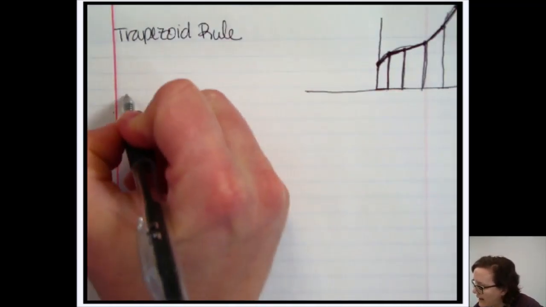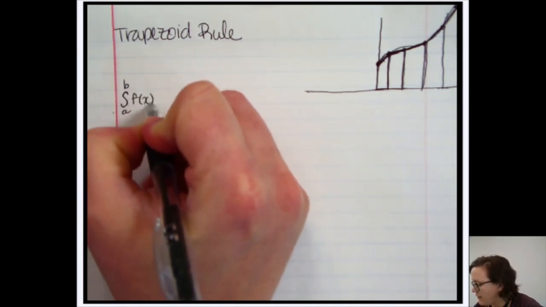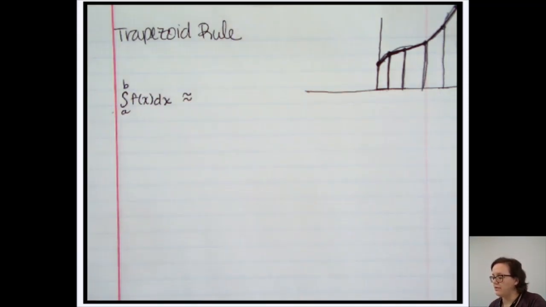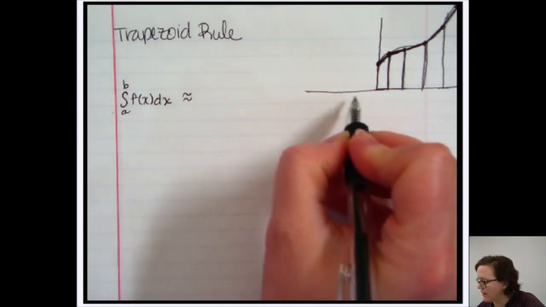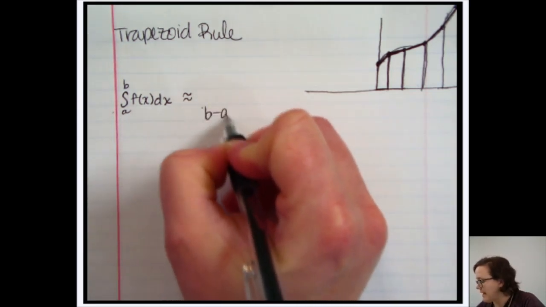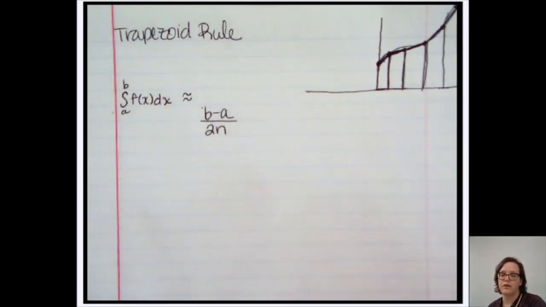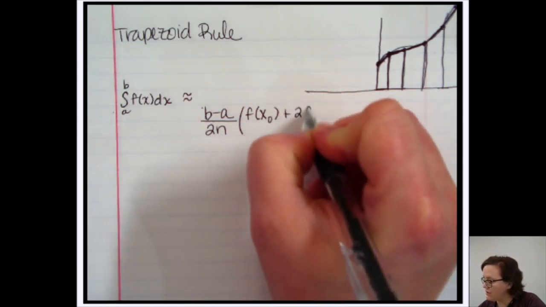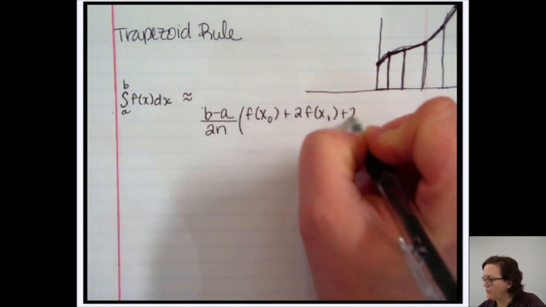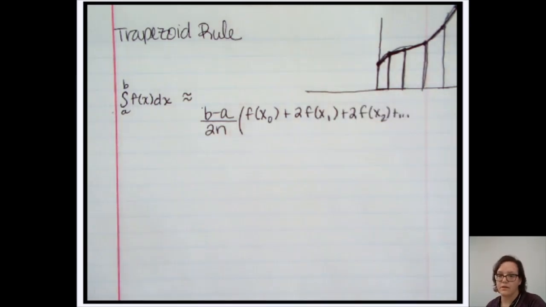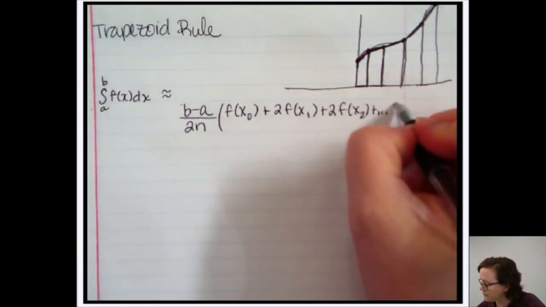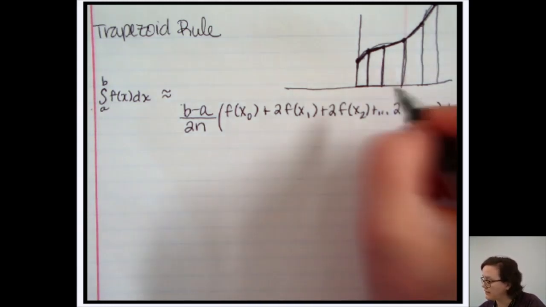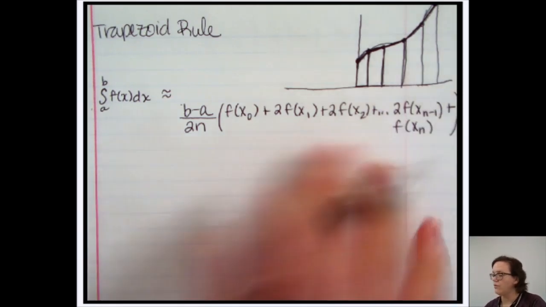If we have our function f of x and we're trying to integrate it from a to b using the trapezoid rule, it is approximately equal to, and I'm going to skip down a step, b minus a over 2n, and we'll talk about where that comes from in just a second, times f of x naught plus 2 f of x sub 1 plus 2 f of x sub 2 plus, and keep on going till our next to last term, which is f of x sub n minus 1, plus f of x sub n. So all the way to the end.